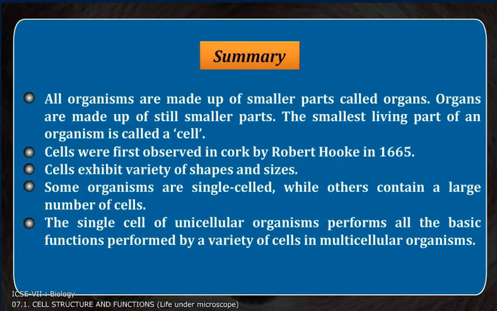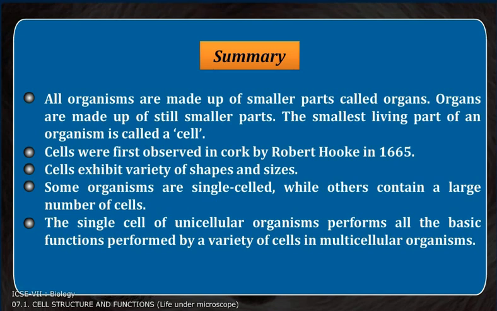All organisms are made up of smaller parts called organs. Organs are made up of still smaller parts. The smallest living part of an organism is called a cell. Cells were first observed in a cork by Robert Hooke in 1665.